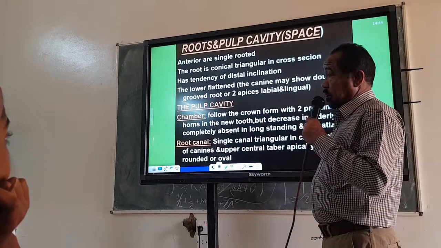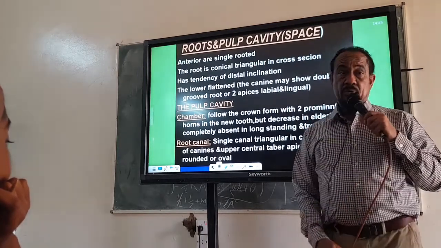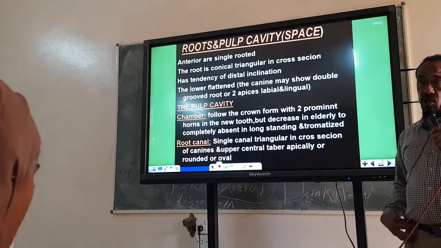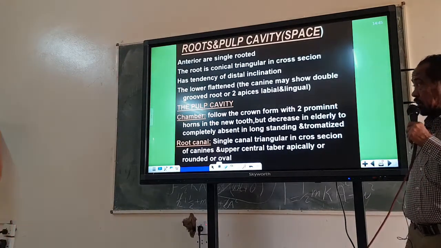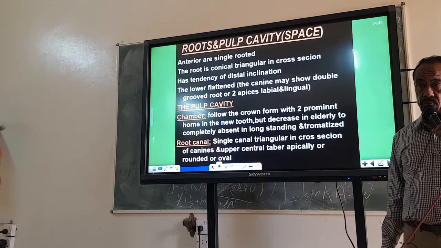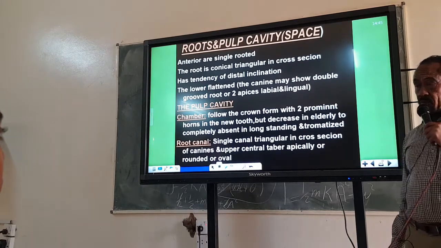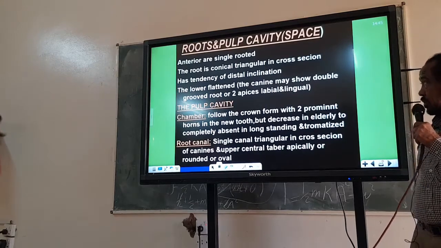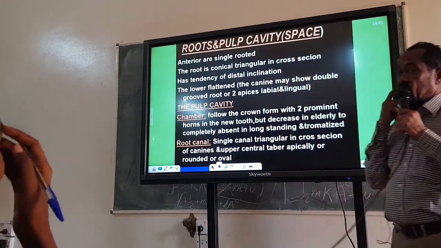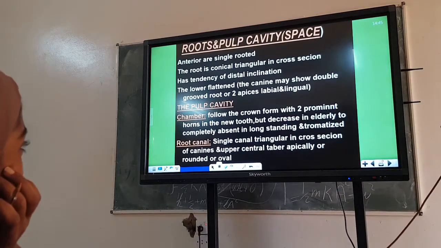Okay, now we want to talk about the morphology of the root. Each of the anterior teeth has a single root, one root. This root is conical, triangular in shape.